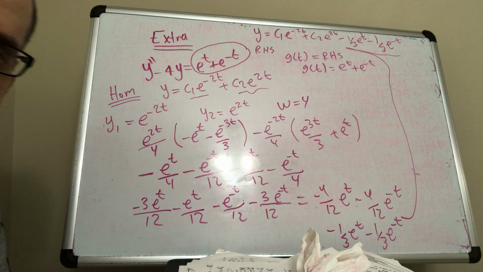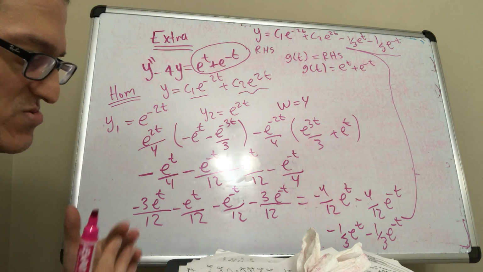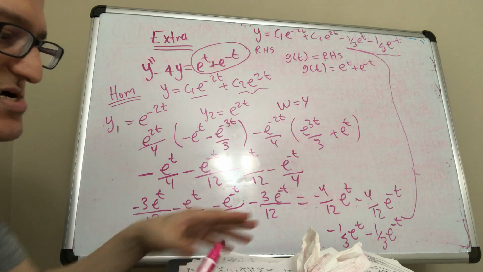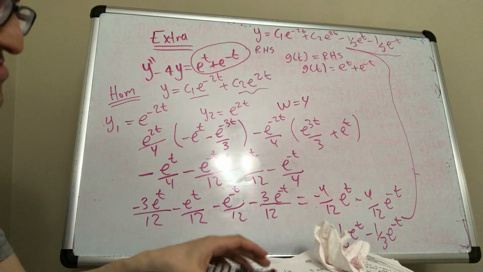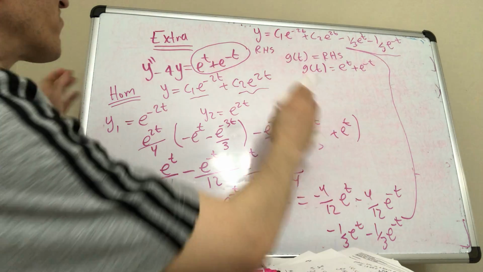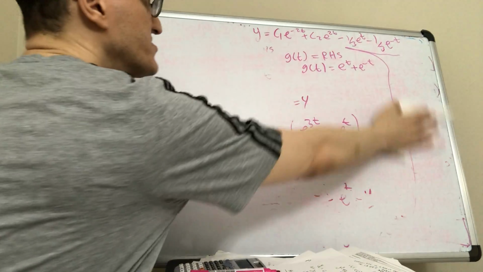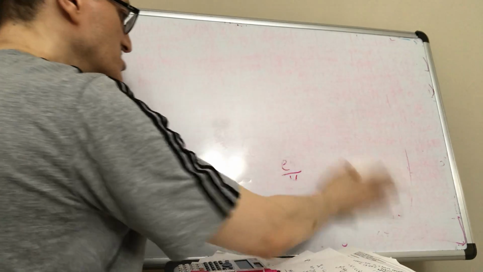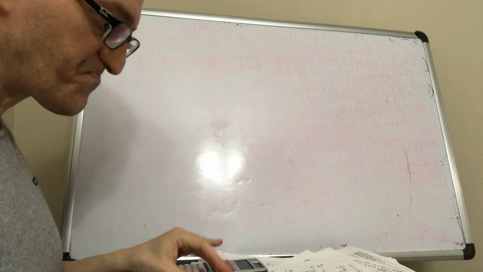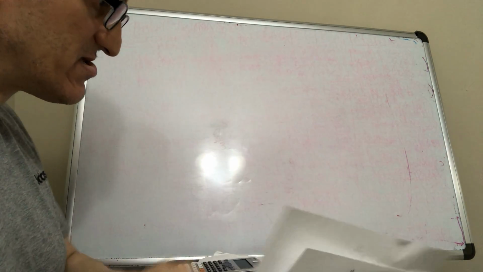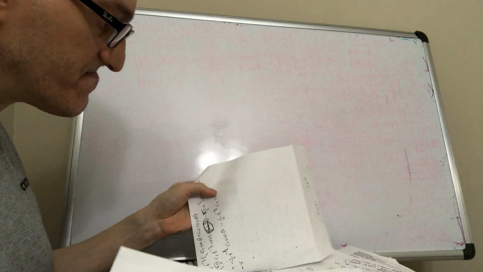So this is the concept, the new concept of Wronskian, a different way other than comparing coefficients. So we're going to apply this on the first question in your worksheet. Let's see if I can find it.